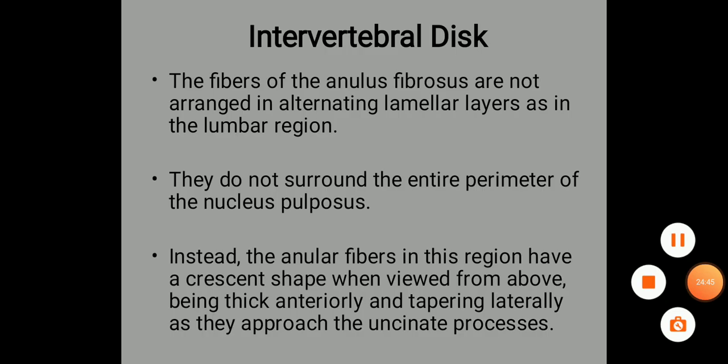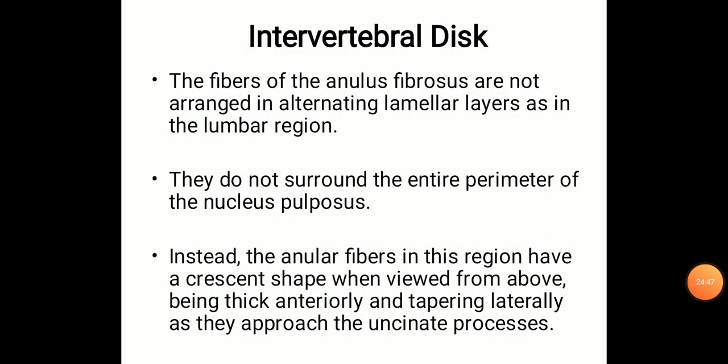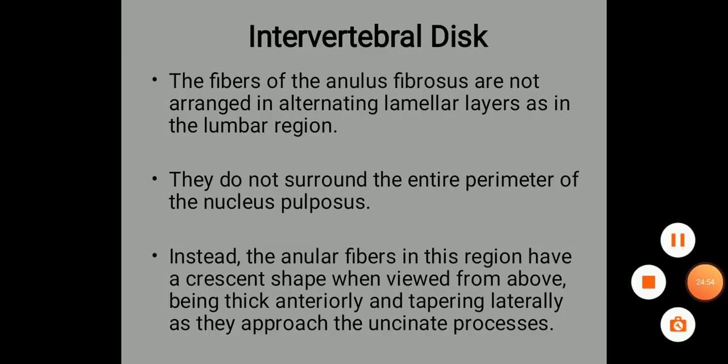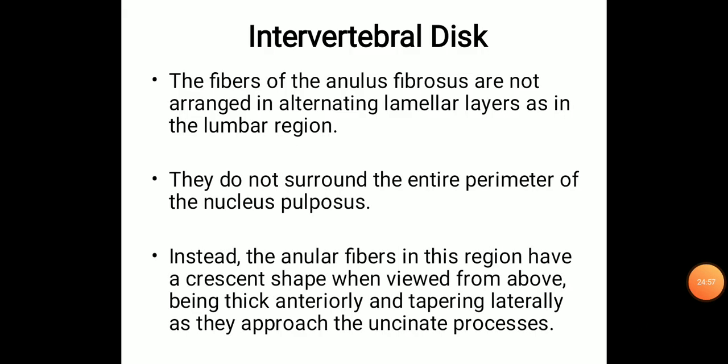So what is the intervertebral disc and what is its function? In the cervical region, the fibers of the annulus fibrosus are not arranged in alternating laminar layers as in the lumbar region. In the lumbar region, it is a circular structure with the nucleus pulposus inside the annulus fibrosus.